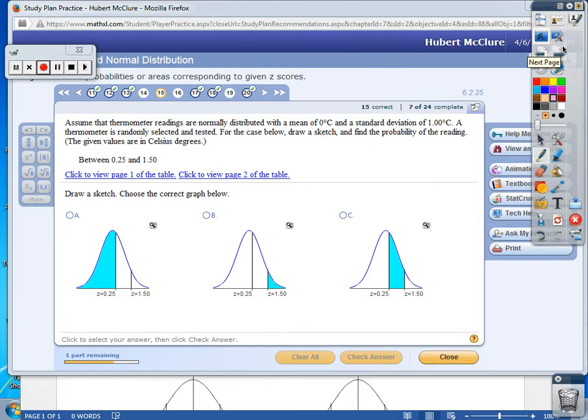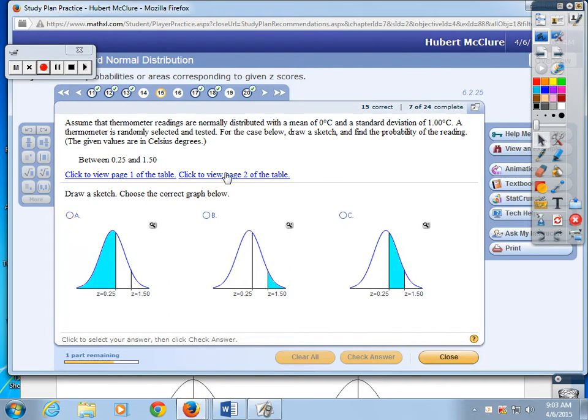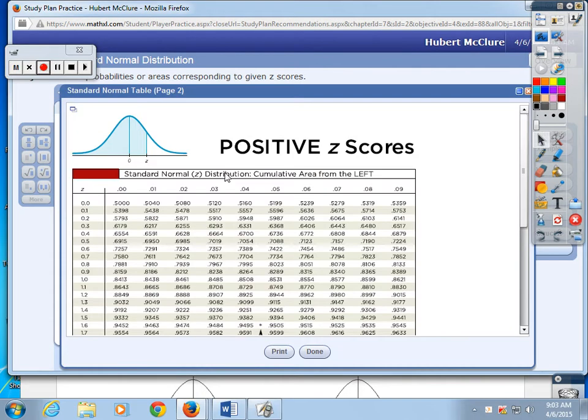So you got to look up 0.25 and 1.5. They're both positive, so we can look on the handy dandy positive table. 0.25 is 0.5987. Let me make sure I look that right. Yeah, 0.5987.